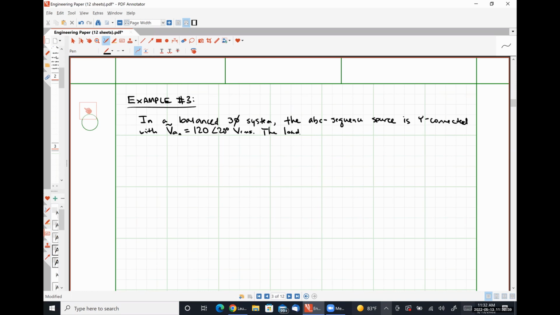The load consists of 2 balanced three-phase impedances connected in parallel.